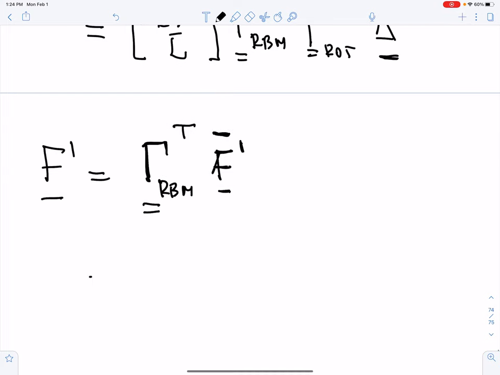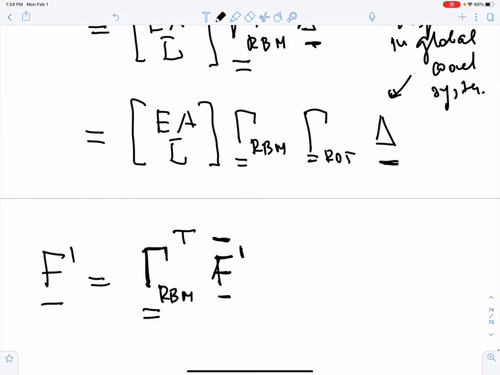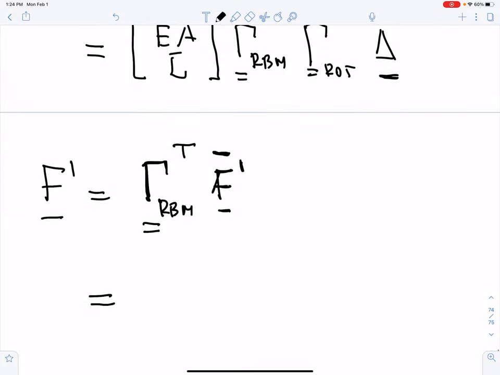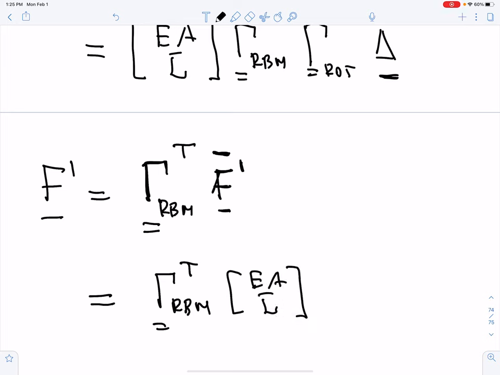But I just developed the expression for the basic force vector, which I can write down here. Gamma RBM transpose. Here I have my basic stiffness, EA over L, times gamma RBM times gamma ROT times delta.